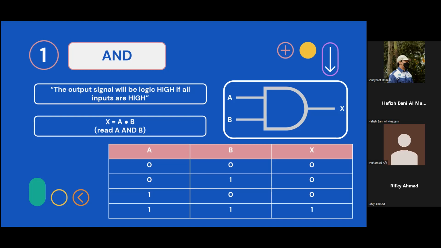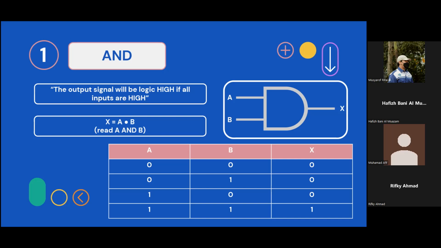The symbol of the AND gate is as in the presentation, and the truth table of the AND gate is here. If the value of A is 0 and B is 0, then the output X will be 0.